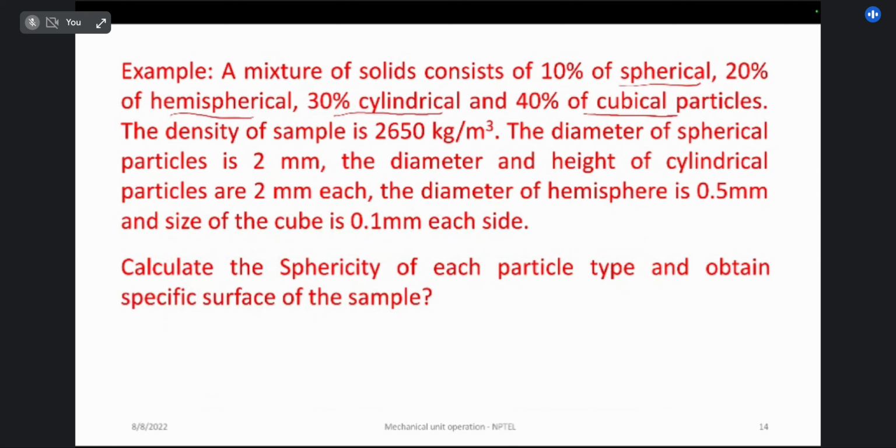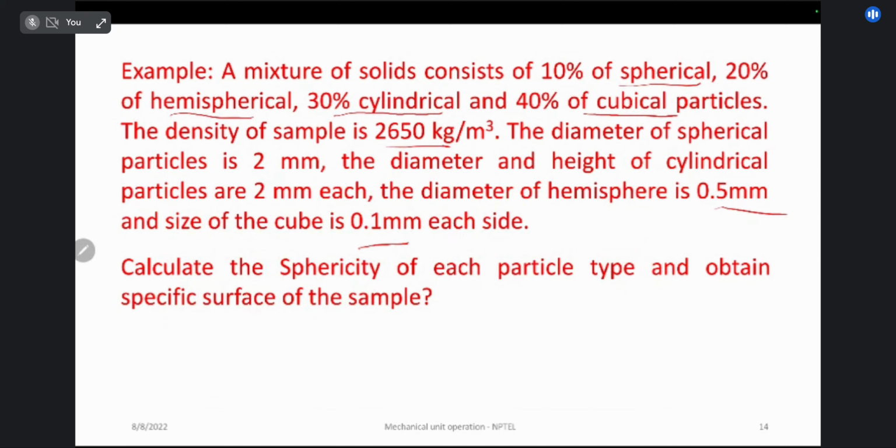The total density of the sample is 2650 kilograms per meter cube, and the diameter of the spherical particle is 2 millimeter, and the diameter and height of the cylindrical particle is 2 mm each. So here, cylinders of equal height and diameter are used. The diameter of the hemisphere is 0.5 mm, and the size of the cube is 0.1 mm. So these are the 4 types of different shapes available, the percentage of each shape, and the size details for all those shapes.